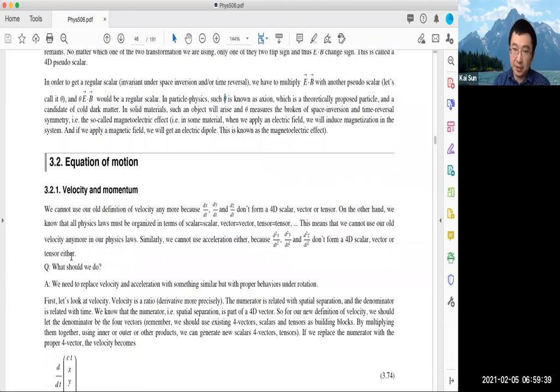Here we will assume the equation of motion also follows the same principle, so that the equation of motion is also invariant when we go from one reference frame to another reference frame.